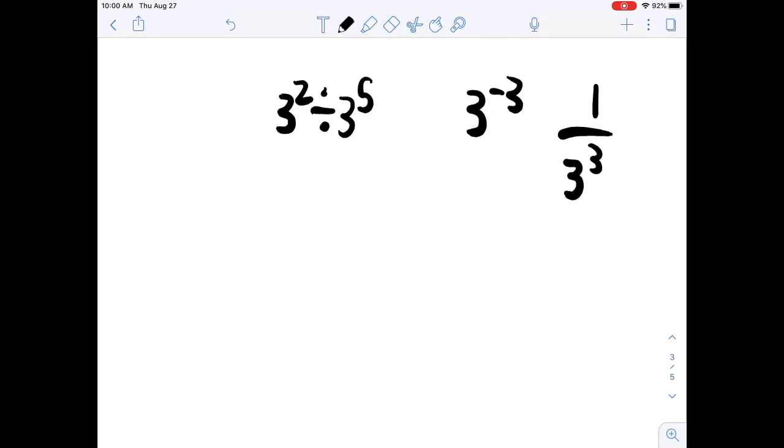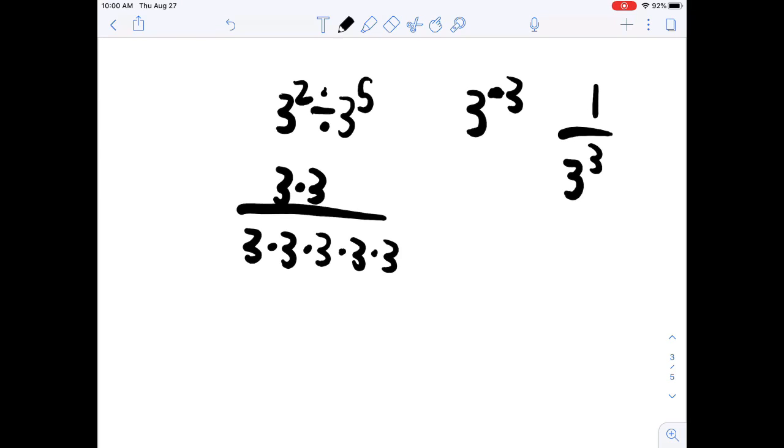So instead of writing this out as having a negative exponent and then moving it to the denominator of the fraction, you can simply write it out as repeated multiplication. So 3 times 3 over 3 times 3 times 3 times 3 times 3. And from here, we can cancel out some numbers.